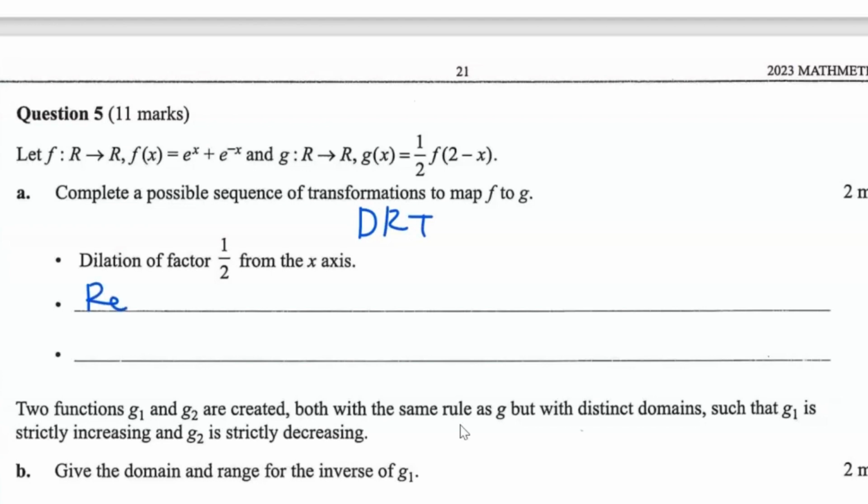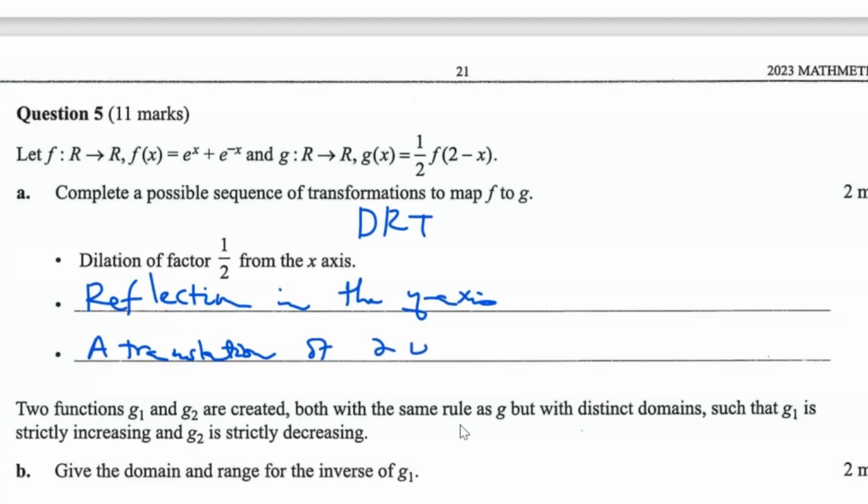So a reflection in the x-axis, because there's a negative in front of the x, in the y-axis, and also we have a translation of 2 units in the x direction.